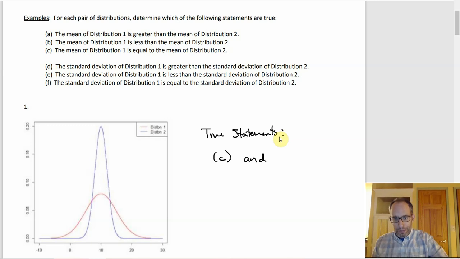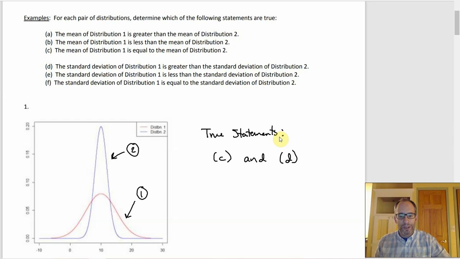So that would be D, right? Standard deviation of distribution 1 is greater, since the red one is 1 and the blue one is 2. So it looks like the standard deviation is bigger for 1, because the tails are thicker. That's the thing that you look at.